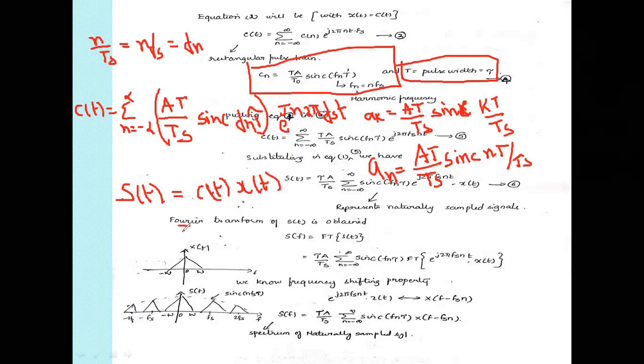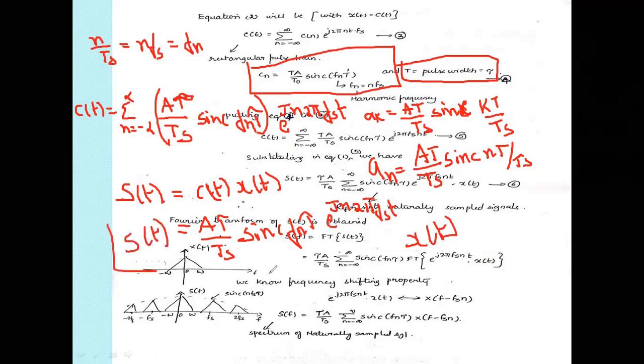The total function what we have, where the T is now the tau, by the Ts into the sinc function, sinc Fn of tau into e power j n 2 pi fs t, into x of t. This total is x of t, s of t is equal to. Got it, my students?